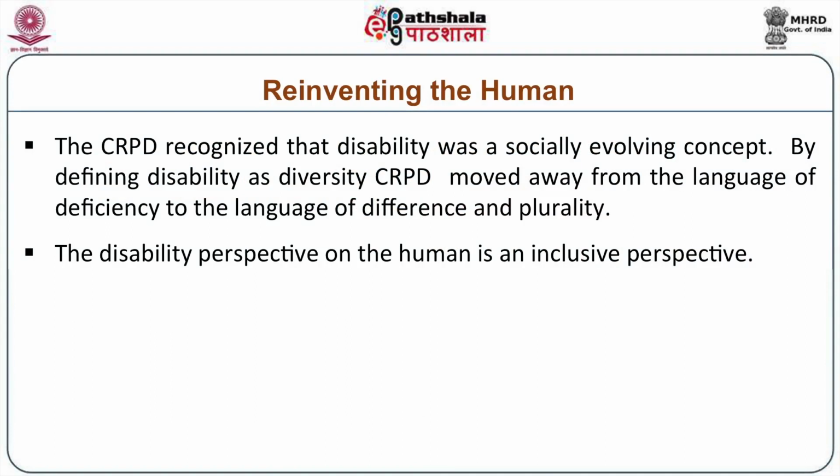This construction of the human should help in rendering visible people with minds and bodies which do not accord with the dominant human prototype. So just take the simple example: I don't suffer from any sort of physical disability. So if I'm going to define the nature of the average person, my perspective is obviously going to be inflected by the fact that I don't recognize disability in my own life and experience.